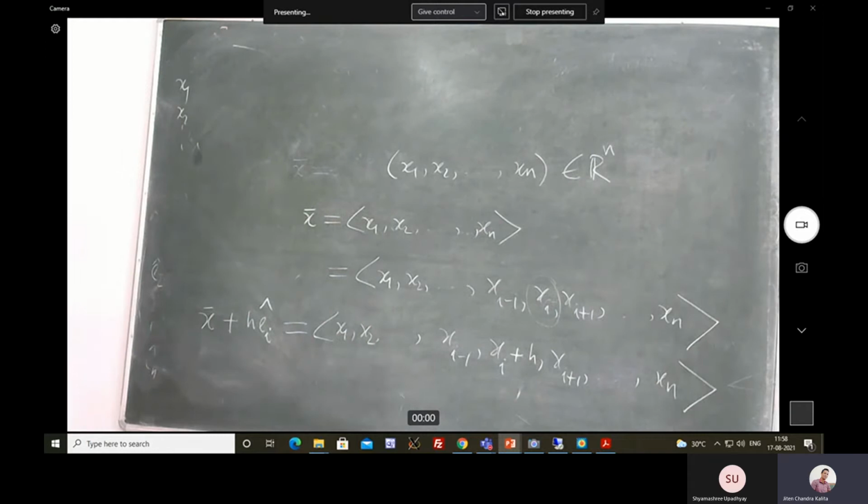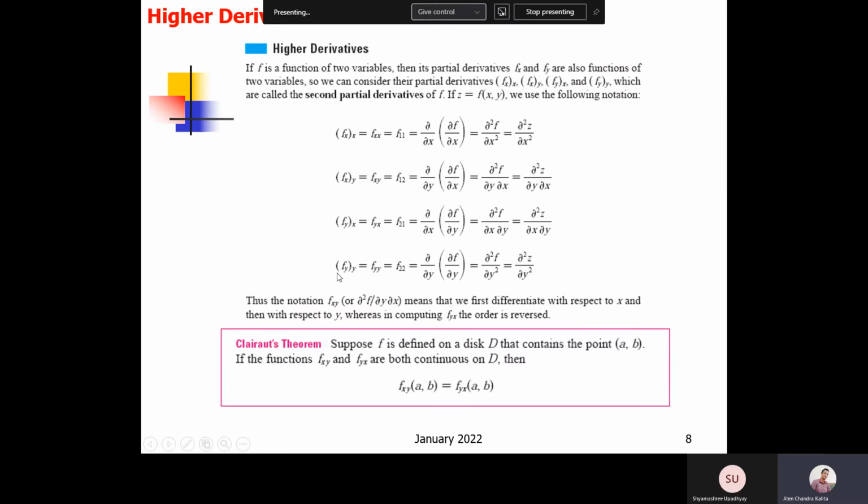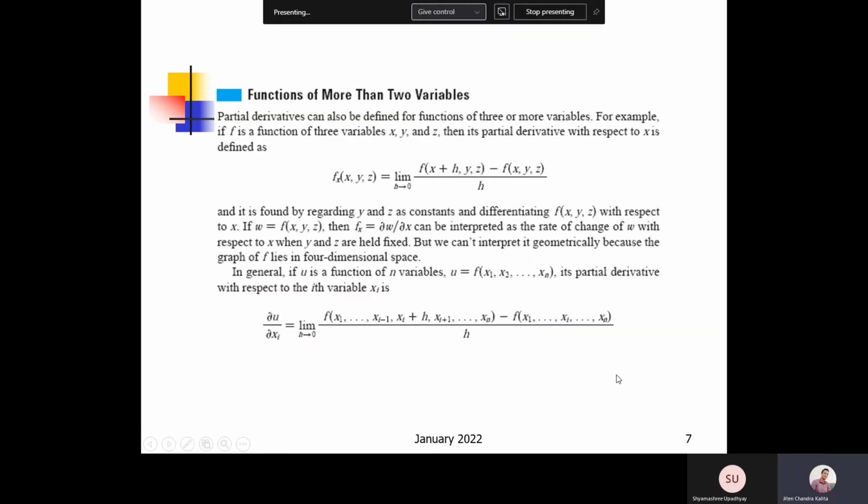That is why you can see here, I can write the derivative of the function f with respect to xi, that is the partial derivative, as this. See, this x is in boldface. So this f, a function of n variables, I can simply write in terms of a vector x bar. That is why they are doing this.